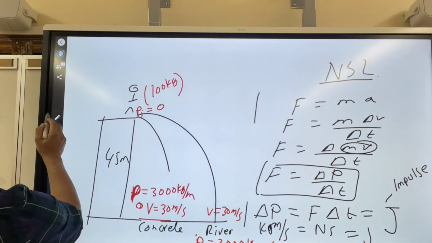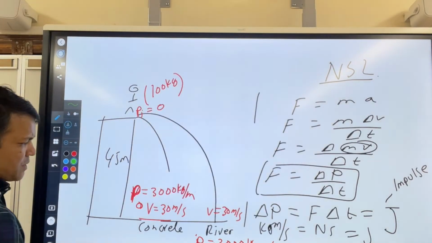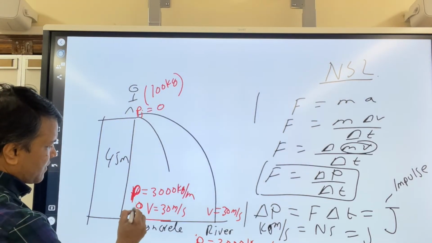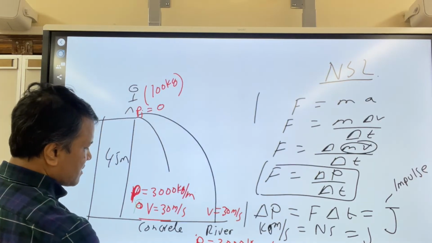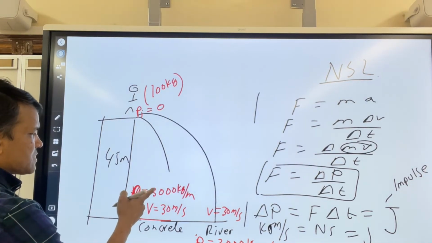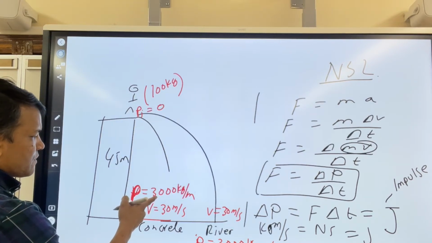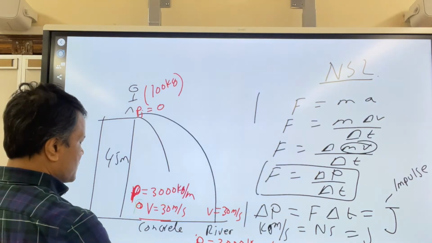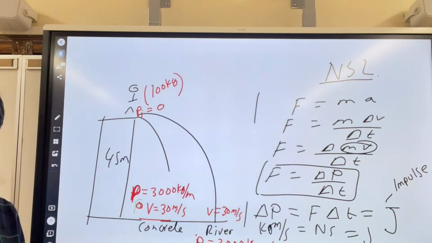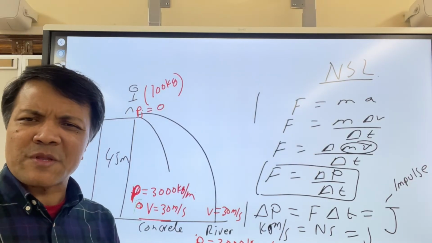So the change in momentum is P final minus P initial, 3000 minus 0, in both cases. So the change in momentum is 3000, but the force is probably not going to be 3000.